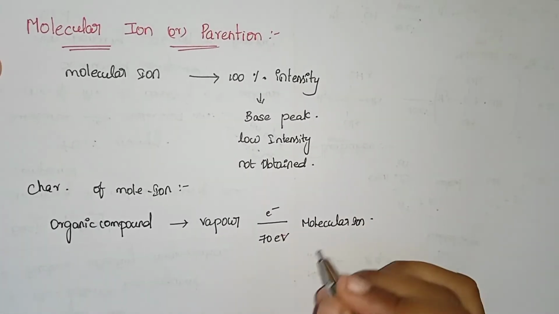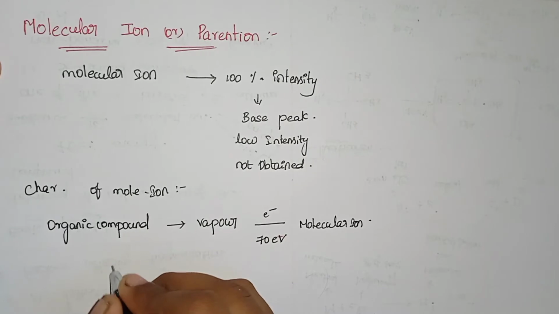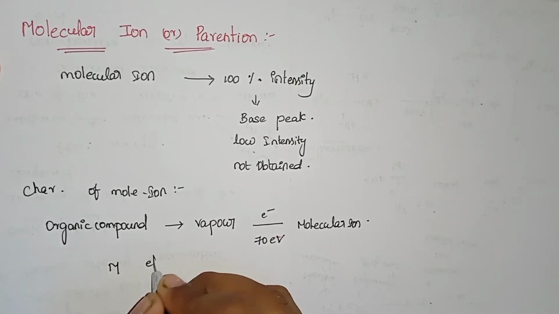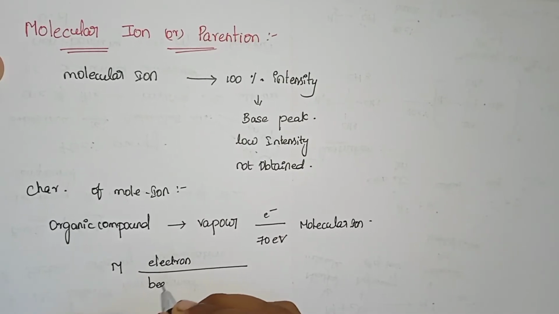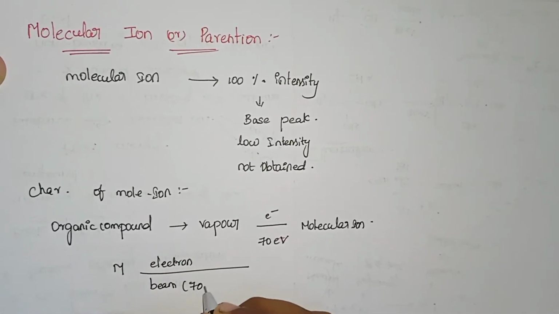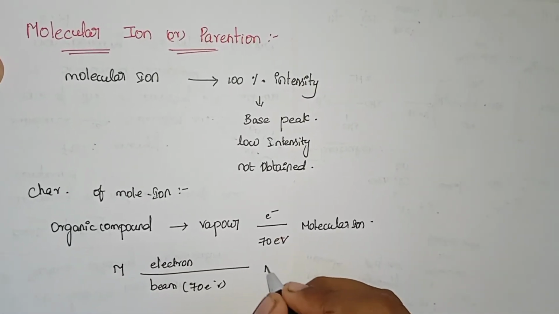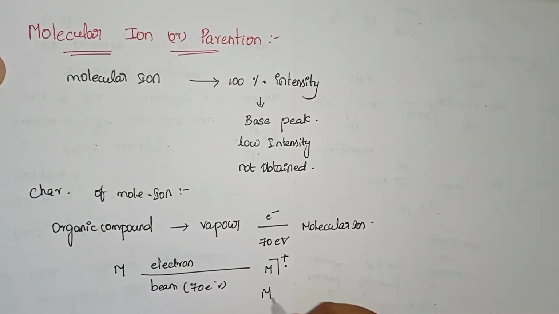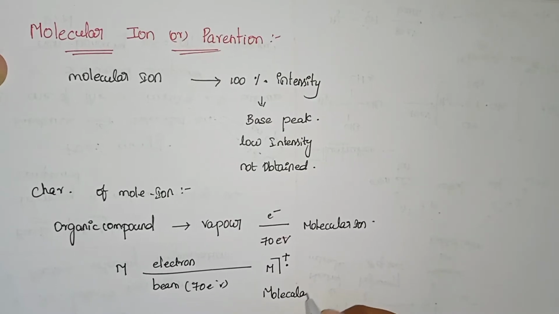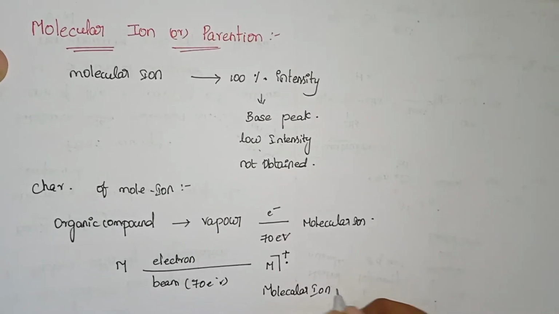It may be formed in different ways. So M, with an electron beam of 70 electron volt, forms the molecular ion.